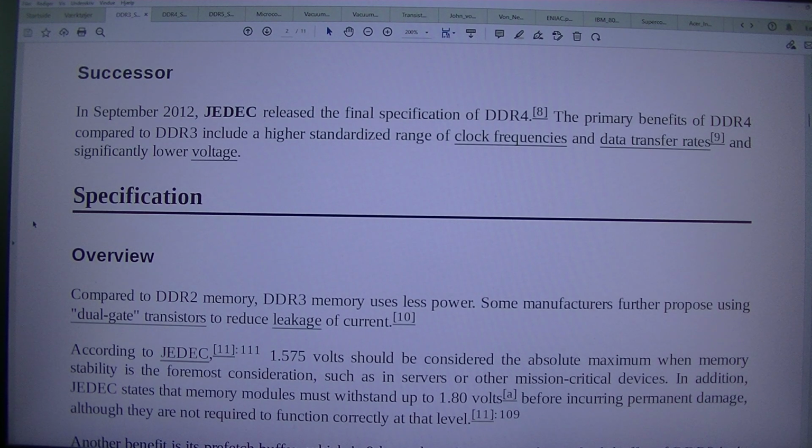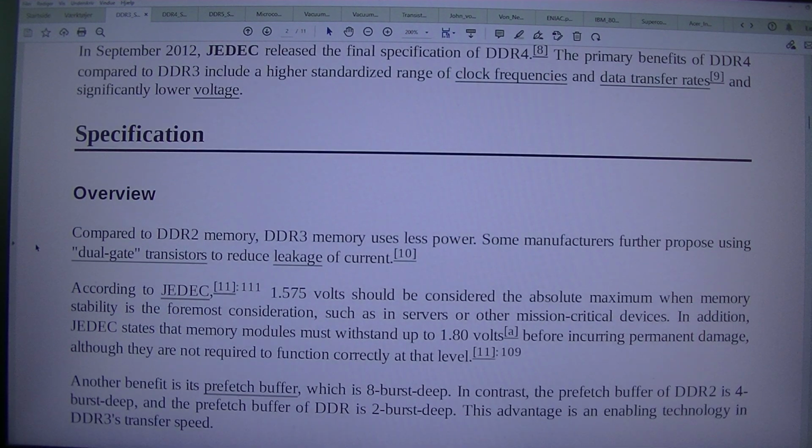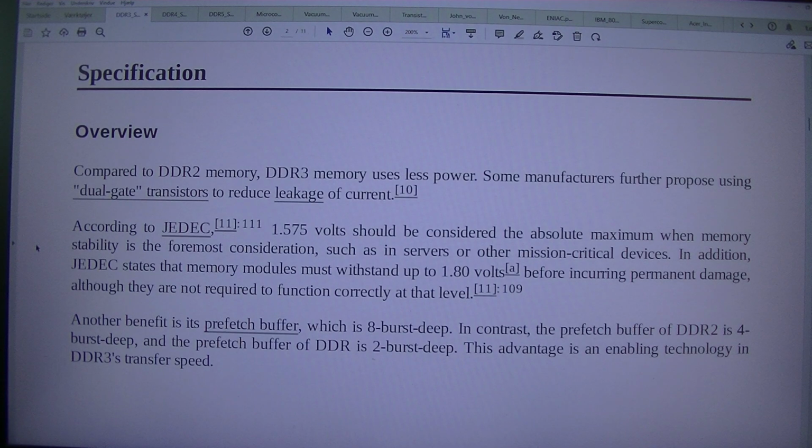According to JEDEC, 1.575 volts should be considered the absolute maximum when memory stability is the foremost consideration, such as in servers or other mission-critical devices. In addition, JEDEC states that memory modules must withstand up to 1.80 volts before incurring permanent damage, although they are not required to function correctly at that level.